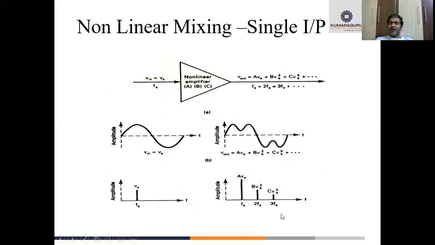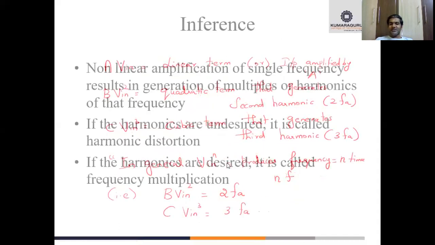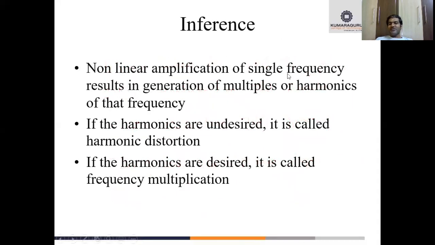So new frequency components are added in my output. Nonlinear amplification of a single frequency results in generation of multiples or harmonics of that frequency. So FA, 2 times FA, 3 times FA, these multiples are called harmonics.